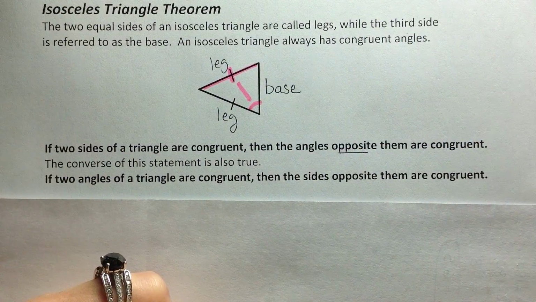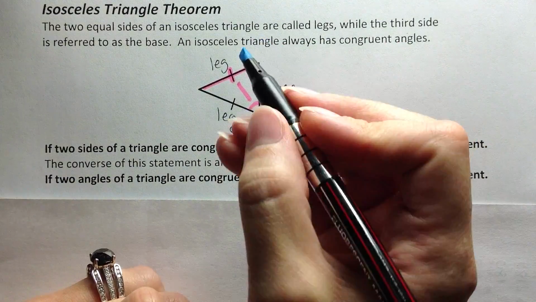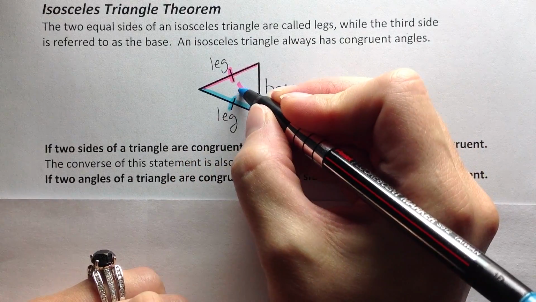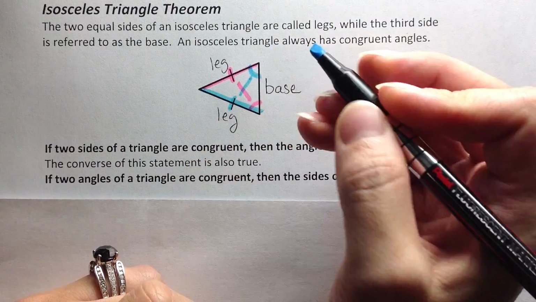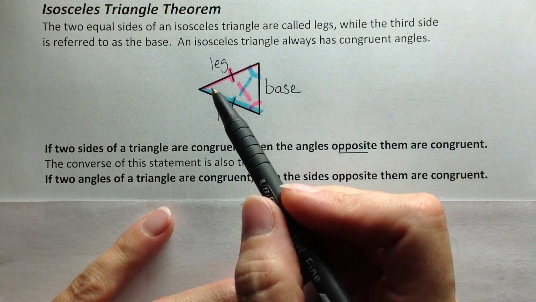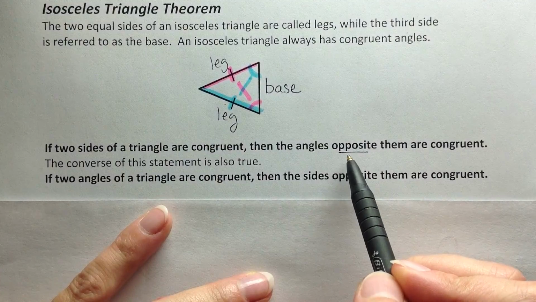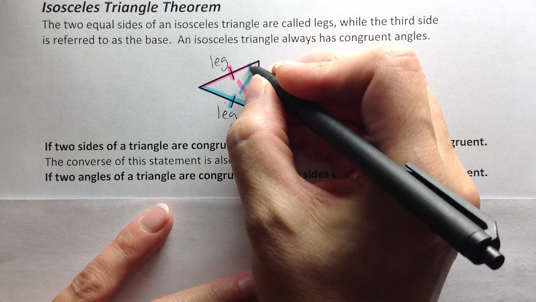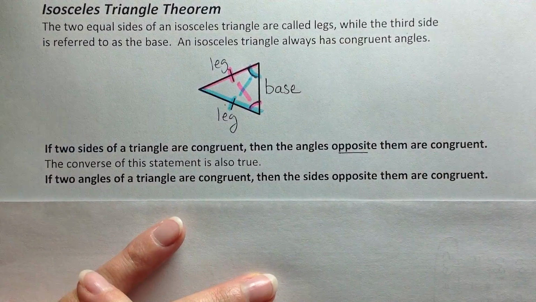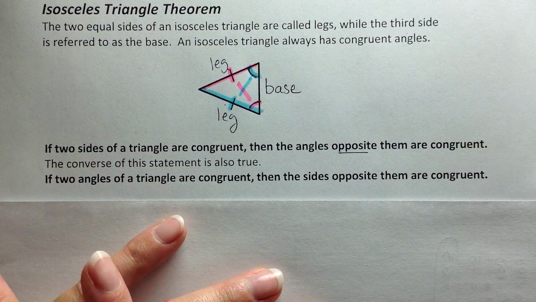And then if I look at this side, which also has a mark on it, my other leg, if I go to that opposite angle, it's right here. So if two sides of a triangle are congruent, then the angles opposite them, so this one and this one, are congruent. Okay? This is going to work the other way around.